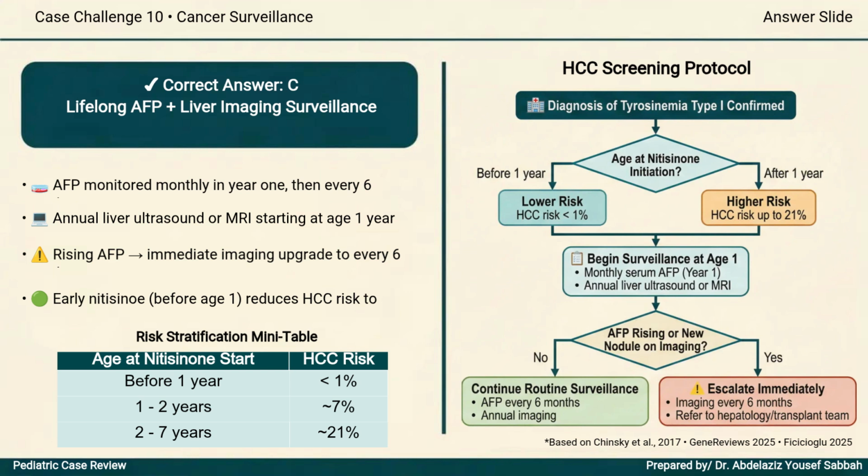Starting between ages 1 and 2 years carries approximately 7% risk, and starting between ages 2 and 7 years carries approximately 21% risk. If alpha-fetoprotein is rising or a new liver nodule appears on imaging, escalate immediately with imaging every 6 months and referral to a hepatology and transplant team.